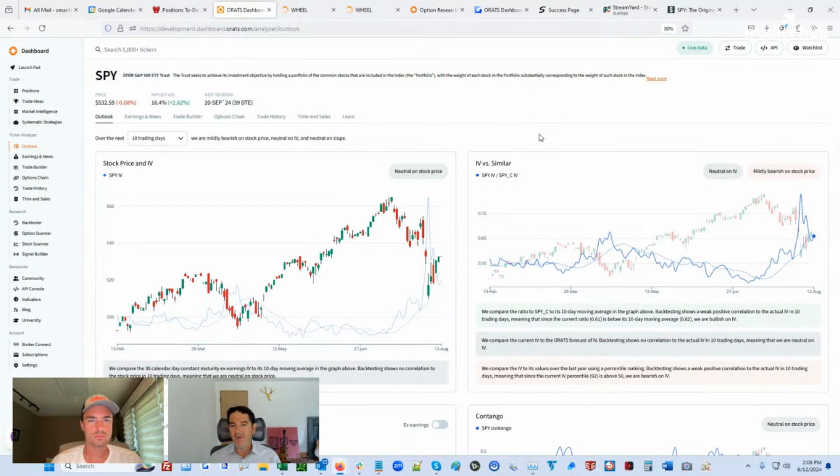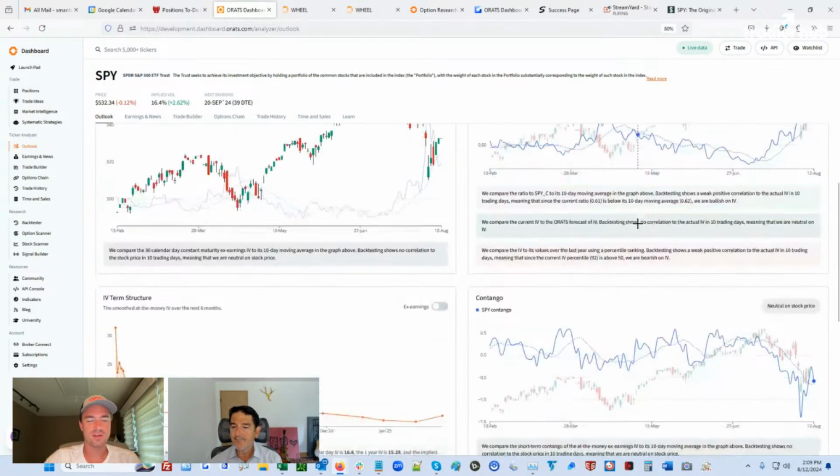So if we had Apple, it would be SPY. If we had something like TSM, it would be SMH or something. So we try to get the best ETF components in there to compare everything to. So yeah, you're right. It's a unique thing to ORATS, and it can be very important. All right, thanks, Matt.